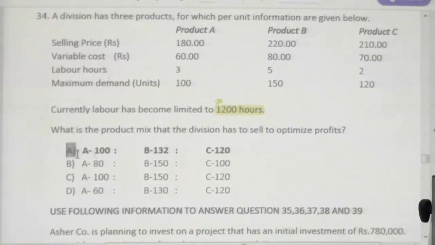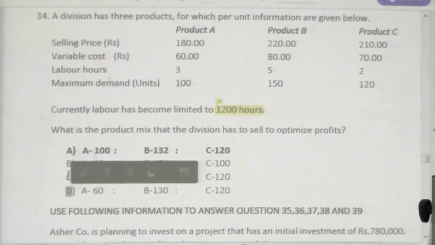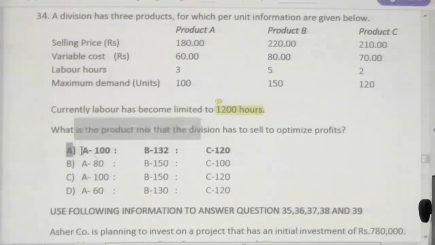Now you have filtered A, C and D, because C is 120 in each of them. Now the second product you can produce is A. Since the deficit is only 90 hours, you can produce the entire 100. Then when you take the A quantity, 100 is given only for 2 options, that is A and C. Therefore, you can eliminate D from the answers. Now you have only 2 answers, clear?